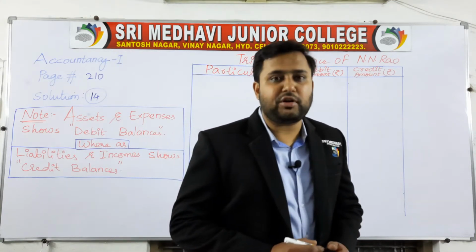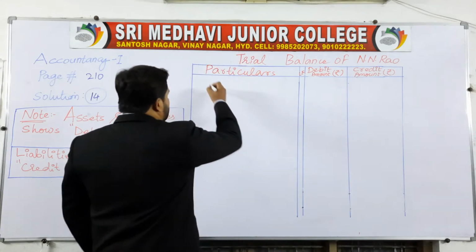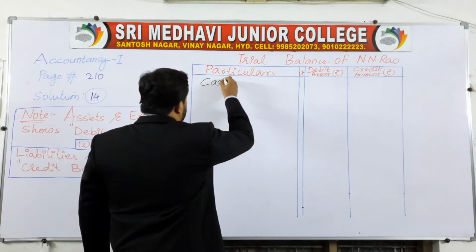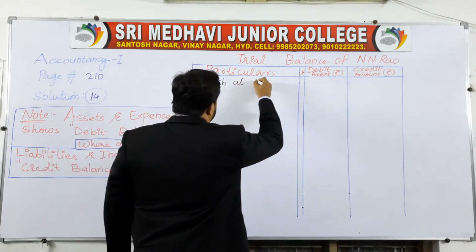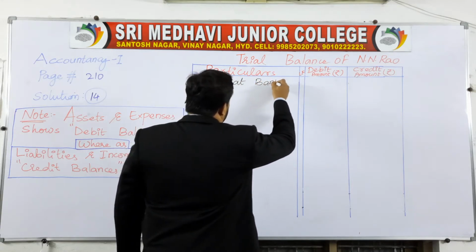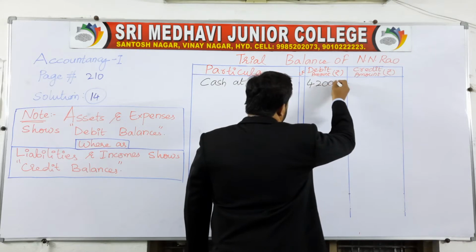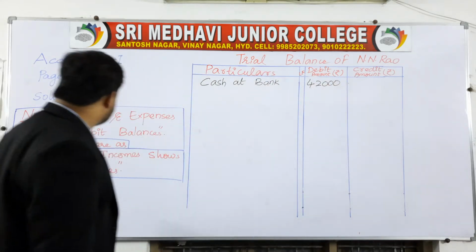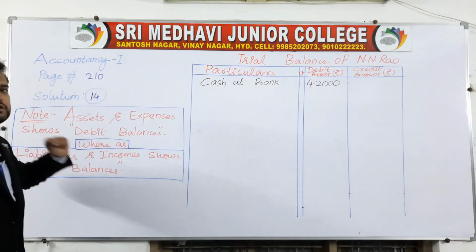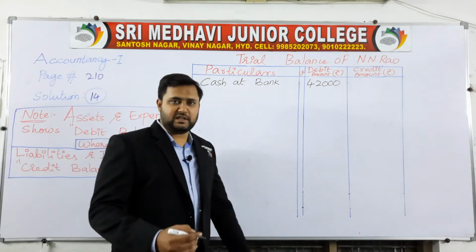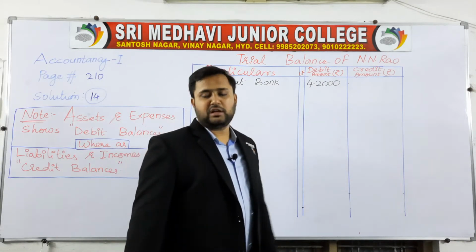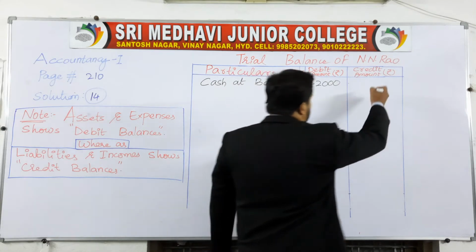Cash at bank, 42,000 rupees. Cash at bank is nothing but an asset. As you know, assets show debit balances, so you write it on the debit side, 42,000 rupees.